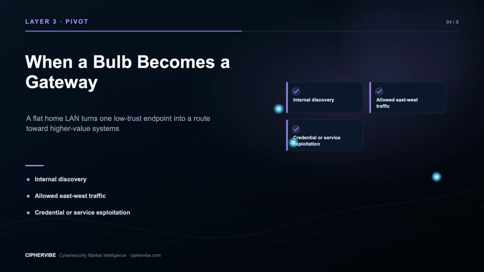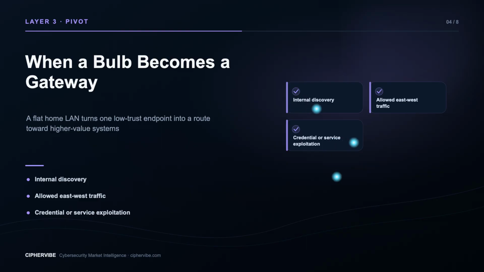On a flat home LAN, the bulb may discover laptops, storage, cameras, speakers, printers, hubs, and router administration. It can probe exposed services, exploit another vulnerable device, send malicious traffic, or maintain an outbound command channel that looks like ordinary cloud communication. Compute and memory may be limited, but the foothold still has 3 advantages.